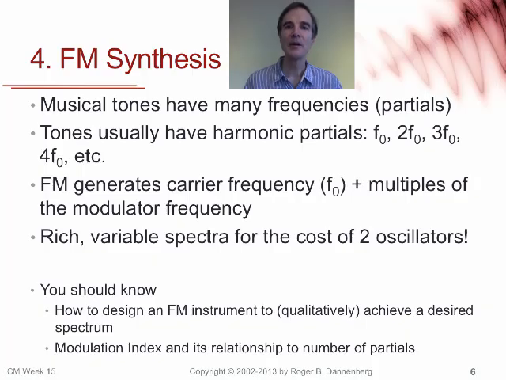We used many fundamental concepts to introduce FM synthesis and explain how it works. First of all, musical tones have many frequencies or components called partials. Typically, musical tones with a strong perception of pitch have harmonic partials. So in other words, the sinusoidal components are some fundamental frequency F0, and 2F0, 3F0, multiples, in other words.